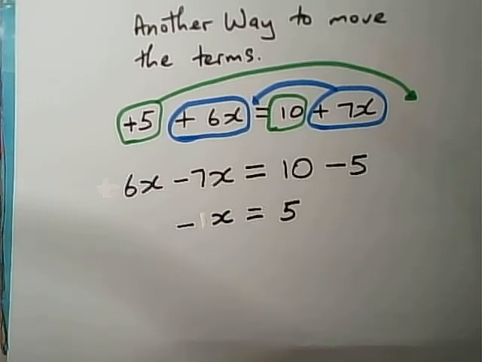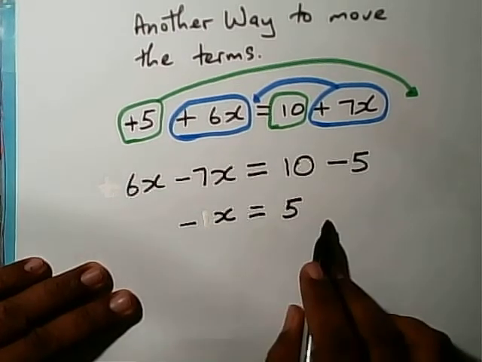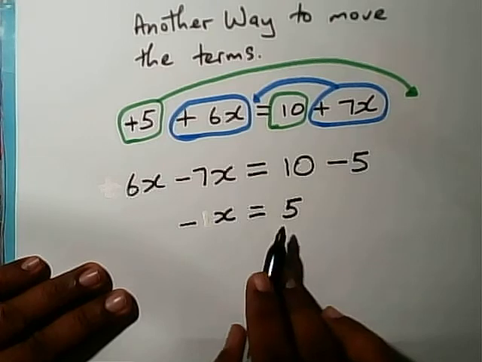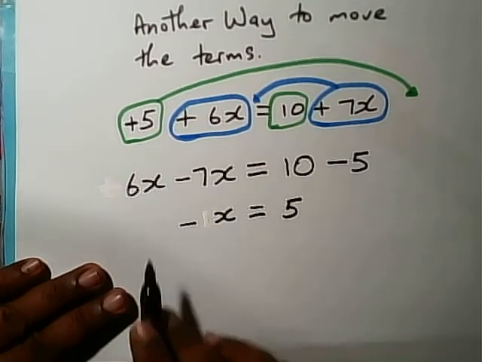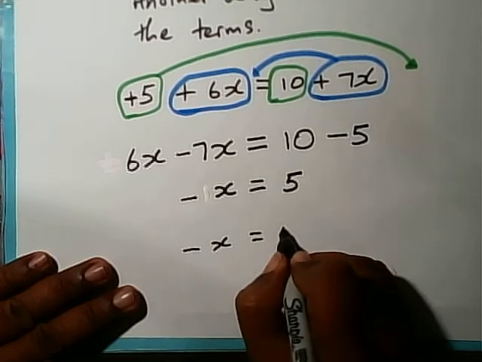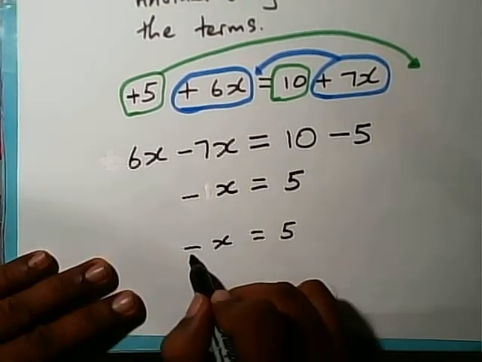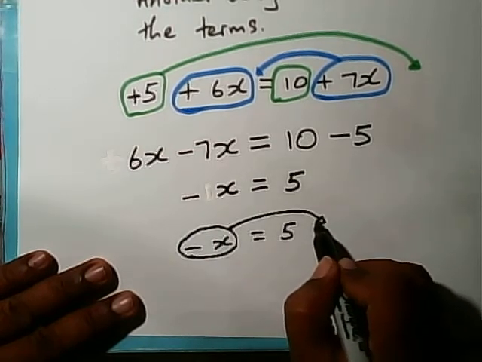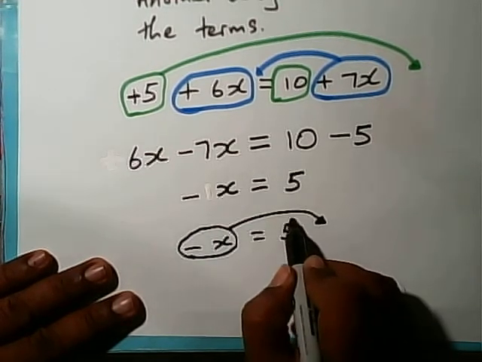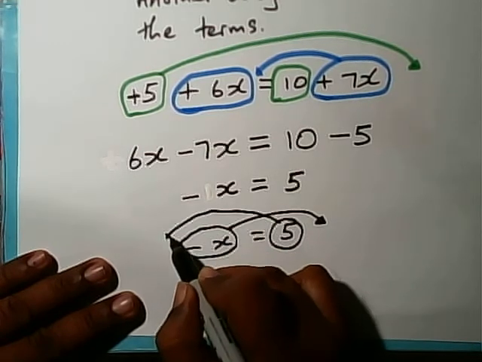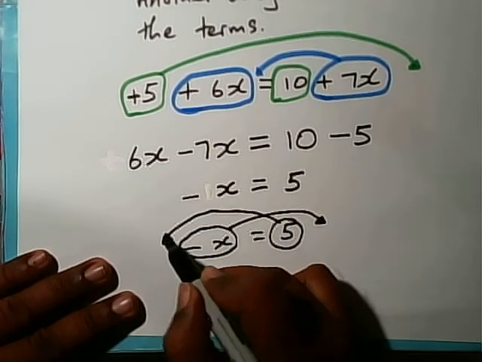So you know what I would do? I would take this minus x and throw it across here, and it'll turn to a plus x. I'll take this 5 and throw it across here. Let's just show you that. It's minus x equal to 5. I'll take this minus x, carry it across here, and I'll take this 5, so it's like I'm throwing them across the fence.